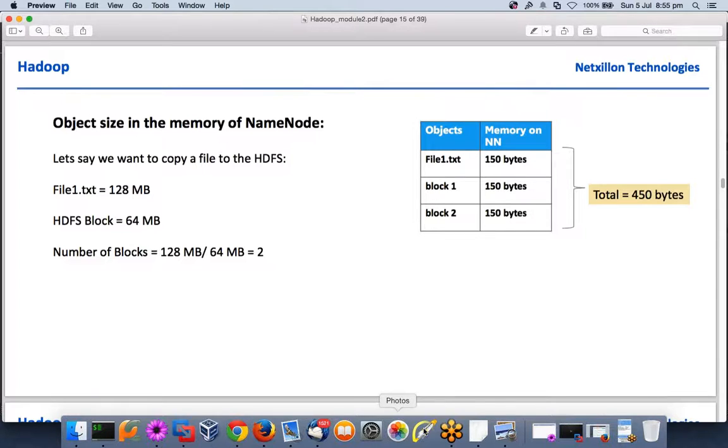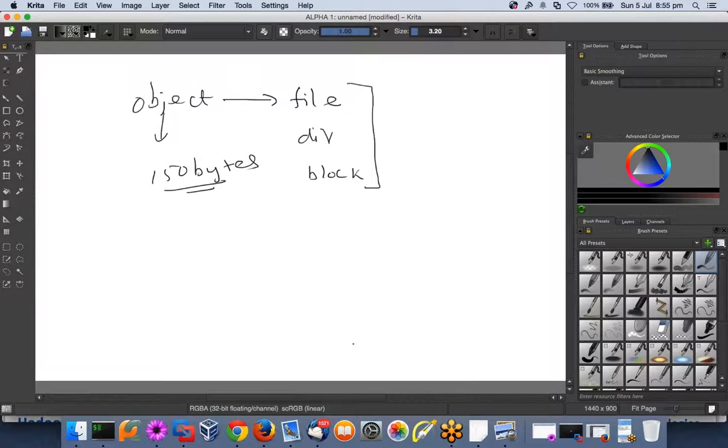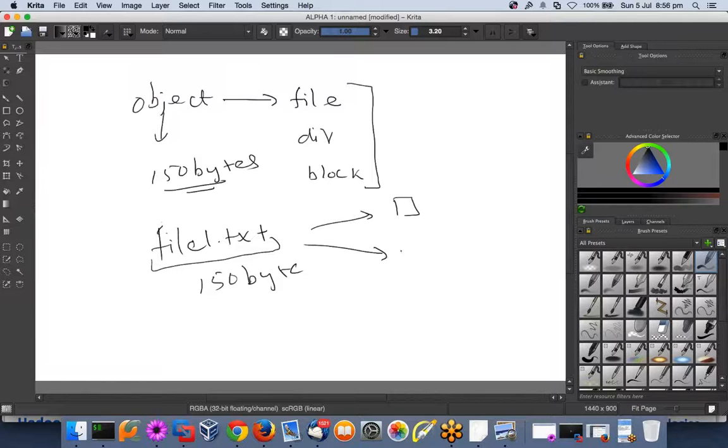Because let's say a block is replicated 3 times and I have file1.txt. Now it is replicated, so there will be one object whose size is 150 bytes. Now it will say I have block A, block B, 150 for this, 150 for this.